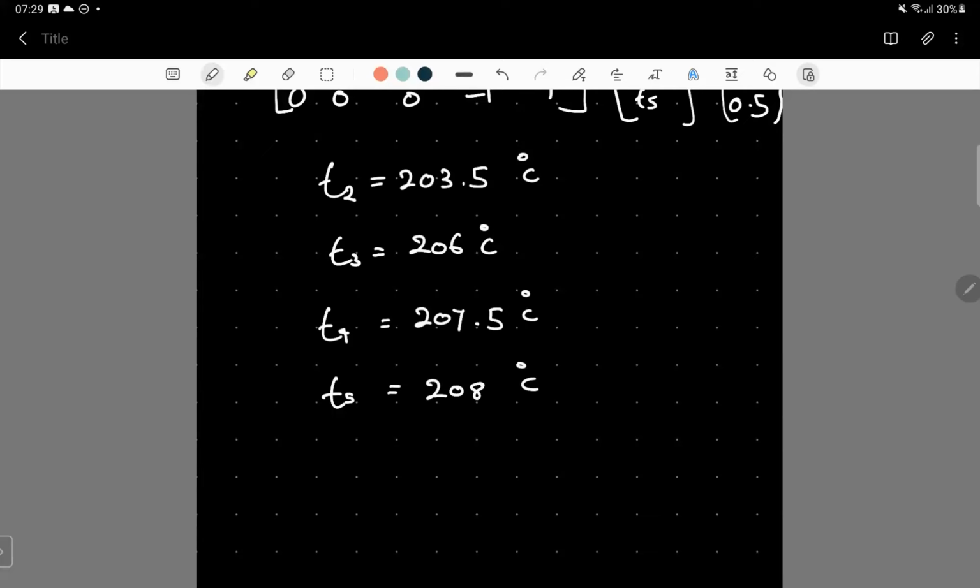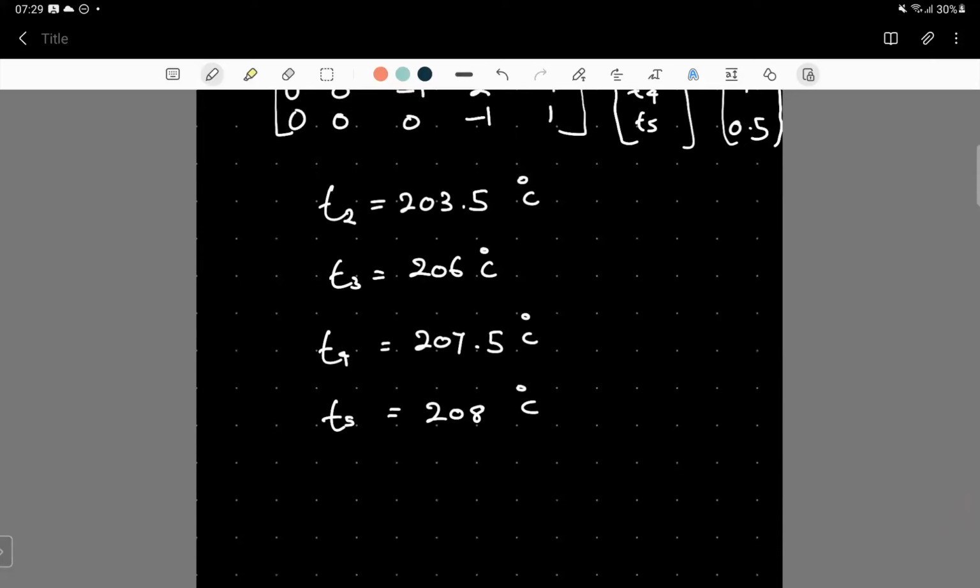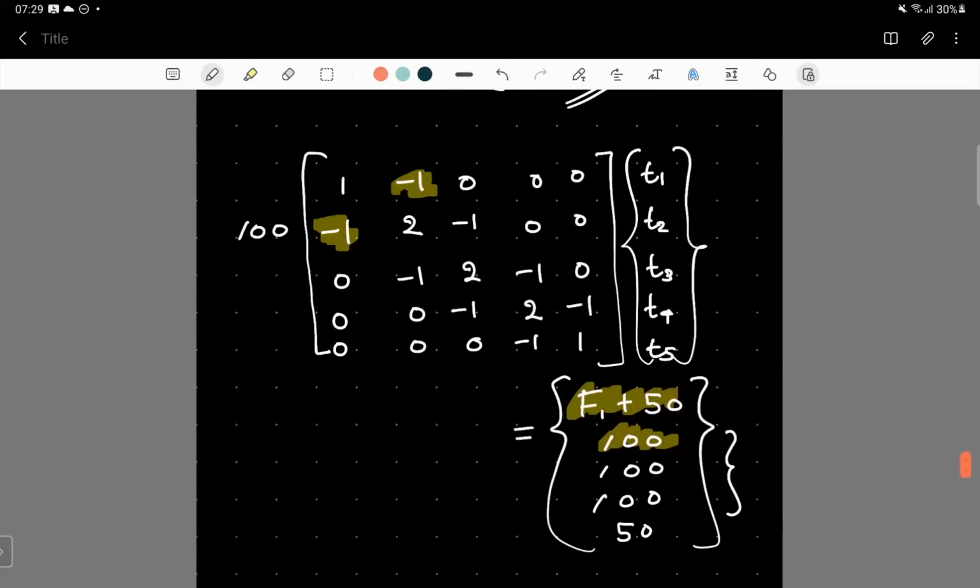Okay, so we can use these temperature values in this equation, or in this matrix where we have capital F1 appearing, to find the heat flow from the left hand side.